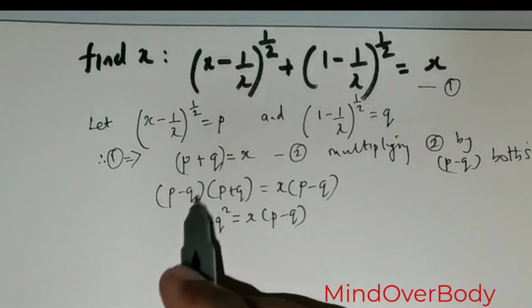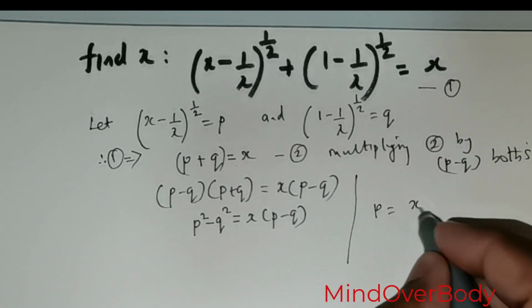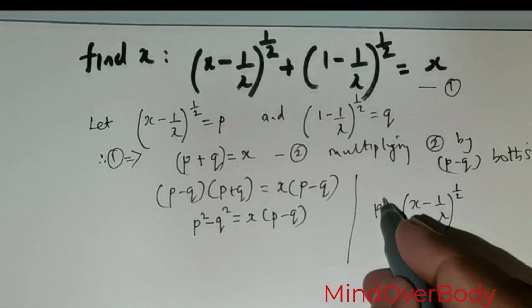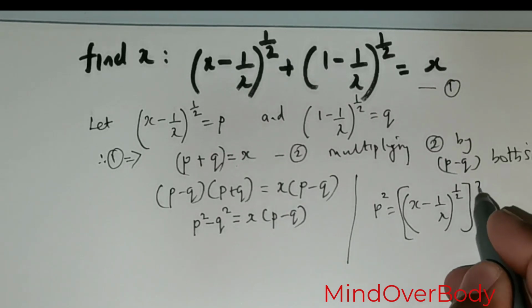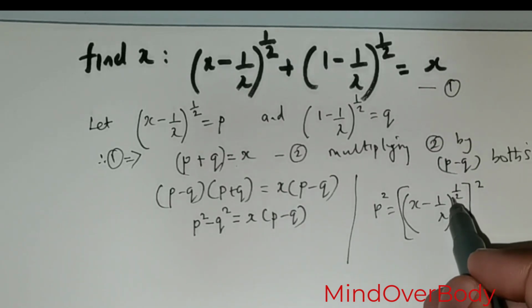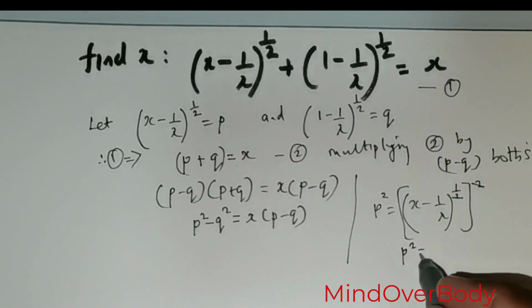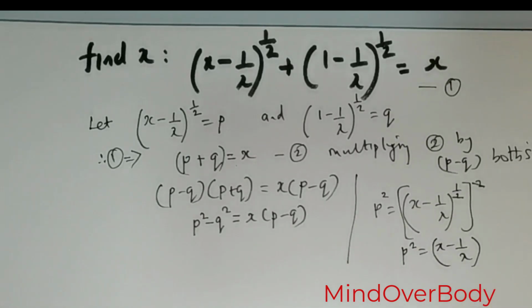Now clearly we have taken p to be equal to (x − 1/x)^(1/2). If I square this, that means squaring the right hand side, which in turn means the 2 present here would be cancelled with the 1/2 over there, and that would give me p² = x − 1/x.